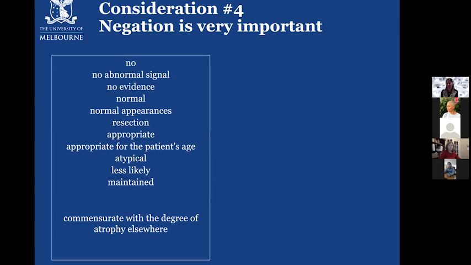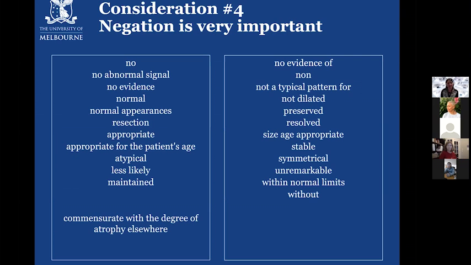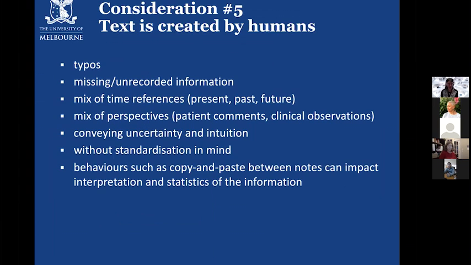And so ruling out particular symptoms or particular explanations for a symptom is extremely important. There are all sorts of fun ways that we can express negation that turn out to be challenging for our NLP system. We, of course, have to deal with the fact that these texts are often written very quickly, and they're not written for machine reading purposes.